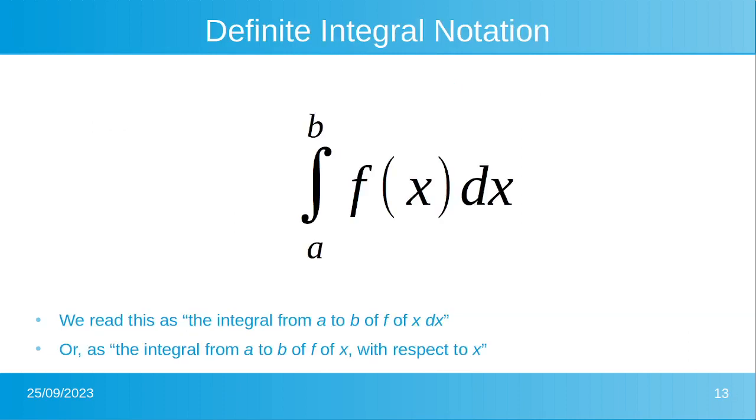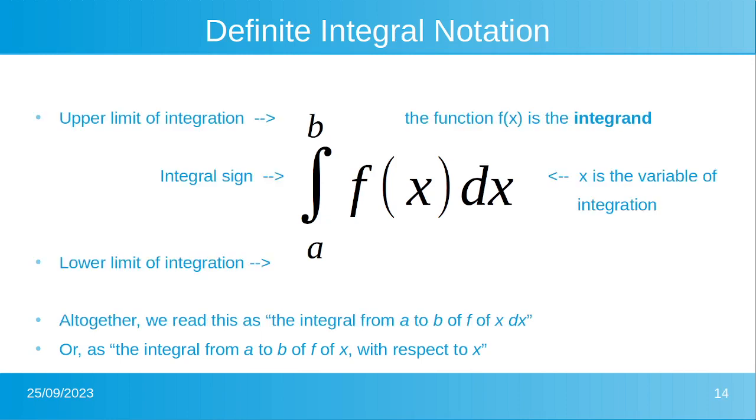So to have a look at this definite integral notation, we read this as the integral from a to b of f of x dx. Or we could read it as the integral from a to b of f of x with respect to x.